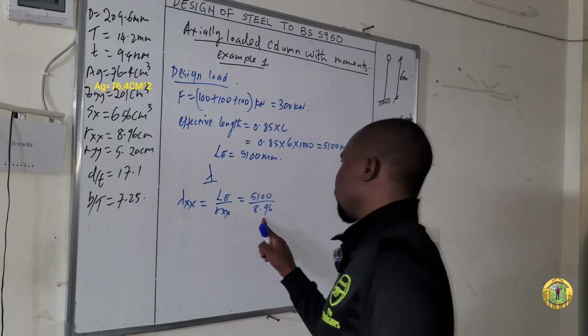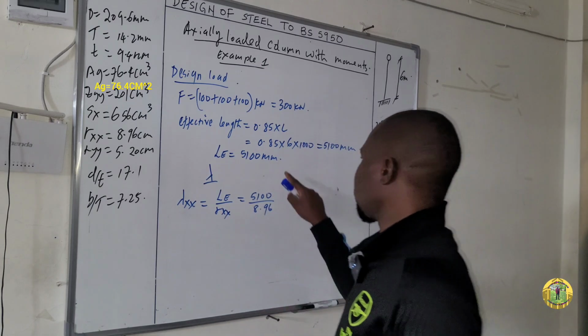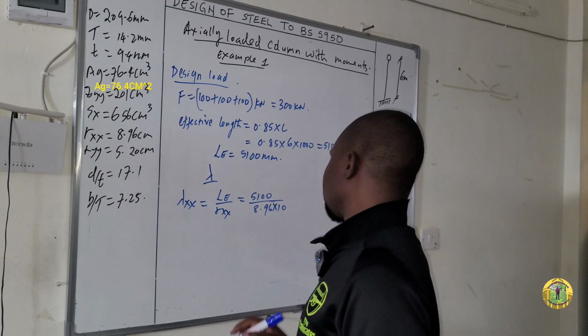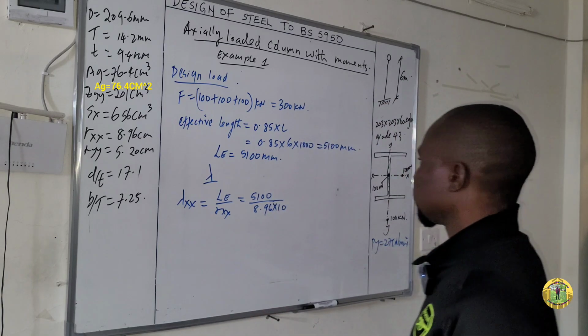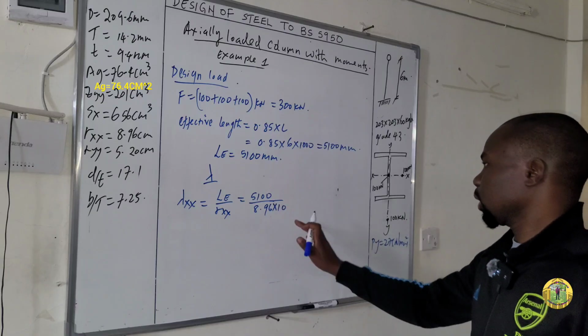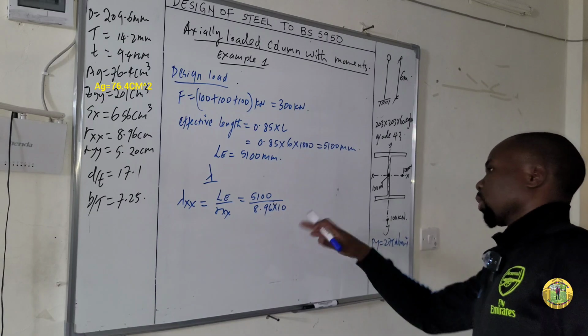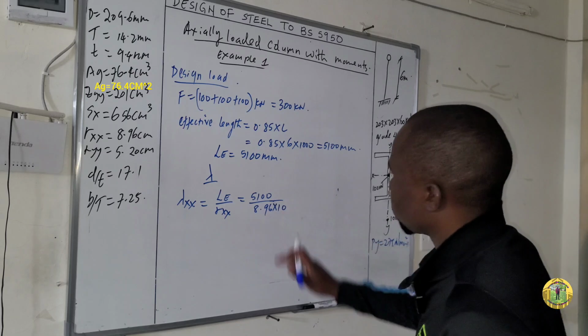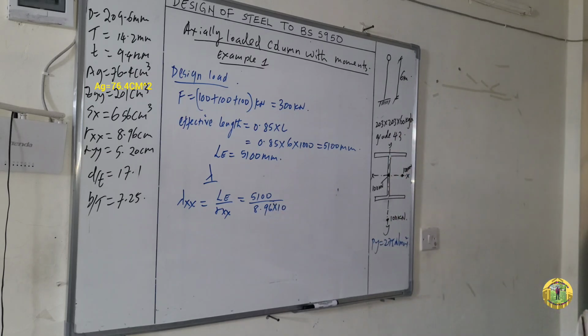Remember, 8.96 is in centimeter, and this one is in millimeter, so you multiply by 10 so that the numerator and denominator are in millimeter.